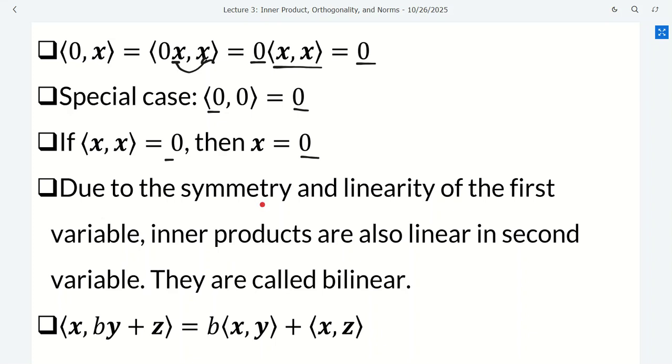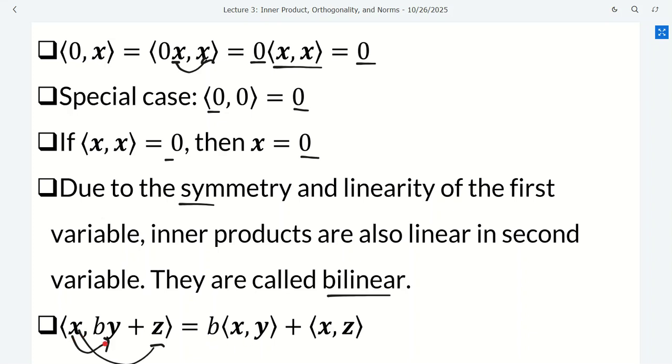So due to the symmetry and also the linearity of the first variable, inner product can also be linear in the second variable. And that is why we said it's called bilinear. Okay. So you saw the linearity in the first variable. You can also have linearity in the second variable, where now if you look at the two, here we pick this, we combine with the y, then we pick this, we combine it with the z, as you can see over here, with the scalar coming out.